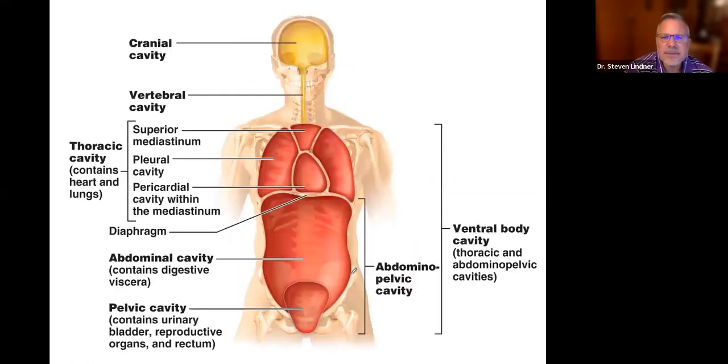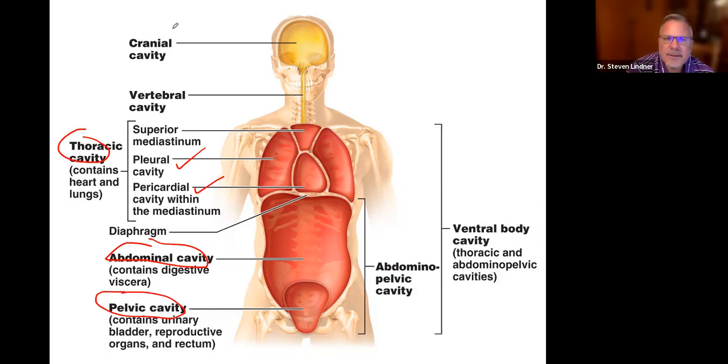Now, this is just another view of looking at the similar structure where we have a thoracic cavity, where we have the pleural cavity for the lungs and the pericardial cavity for the heart. And then we're going to have a peritoneal cavity, known as the abdominal cavity, and then a pelvic cavity for the reproductive organs and urinary bladder.